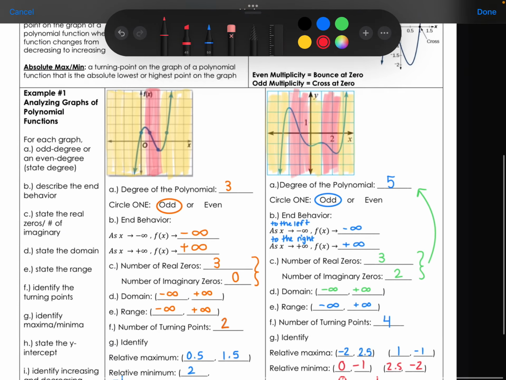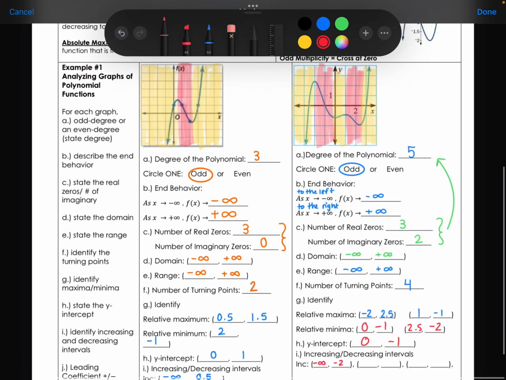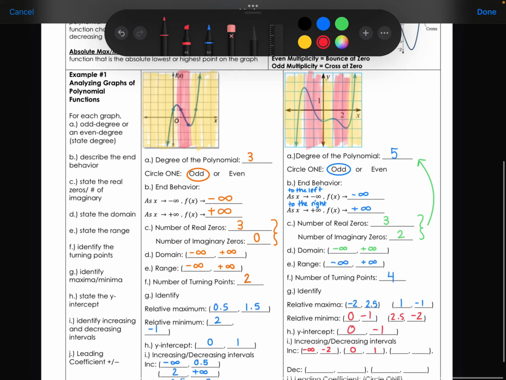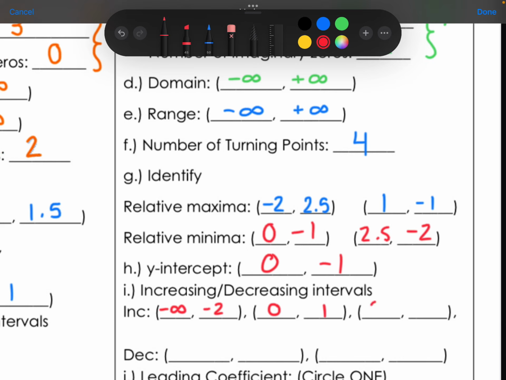And then we're increasing again from 0 to 1. And then we're increasing again from 2.5 to positive infinity. You're going to notice that the relative mins and maxes will correspond with the increase-decrease intervals as well, because those are the turning points. That's where we change from increase to decrease and vice versa.